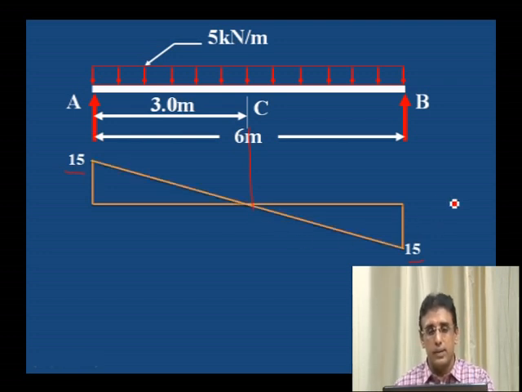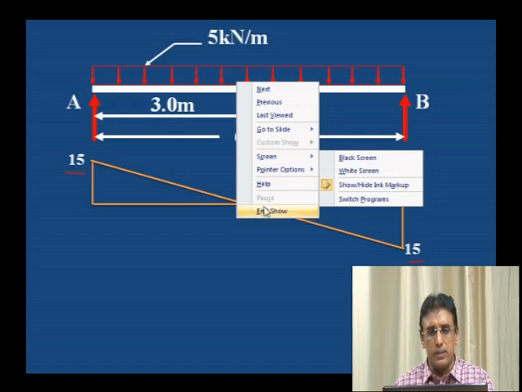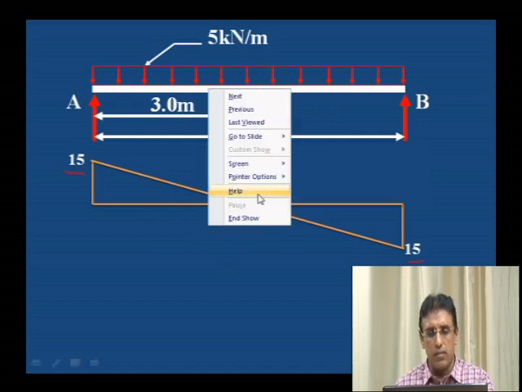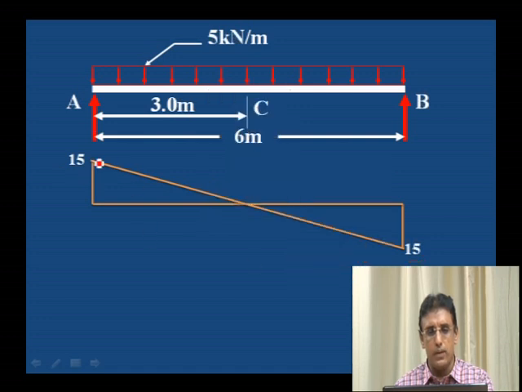Then join from A to B, C point it is 0. What we did here: because it is a uniformly distributed load, this shear force diagram will be sloping. Where the uniformly distributed load is acting, in that portion we have to draw the sloping line. This is the point where we are getting the maximum bending moment.